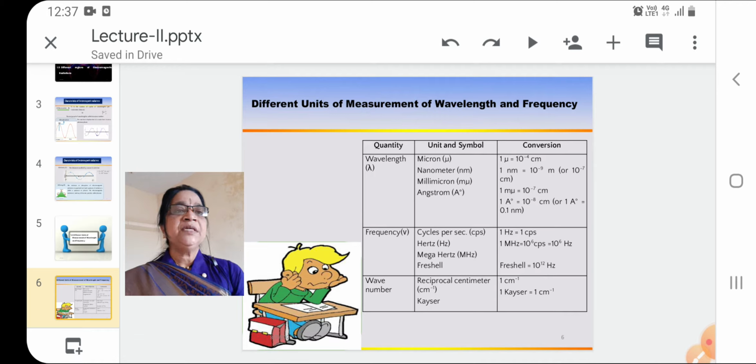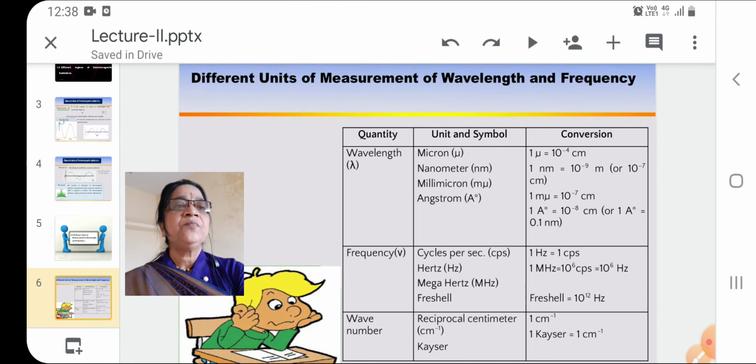Now we have to see the conversion. 1 micron is equal to 10 raised to minus 4 centimeter. 1 nanometer is equal to 10 raised to minus 7 centimeter. 1 millimicron is equal to 10 raised to minus 7 centimeter, and 1 angstrom is equal to 10 raised to minus 8 centimeter.